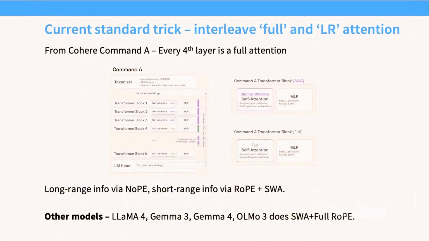I think for the more recent revival in open models, I would say Cohere Command A was the first one I saw do it, where they had this structure where every 4 layers they would have a full attention that attended to everything. The 3 layers in between would use a sliding window attention that would only look at local structure.